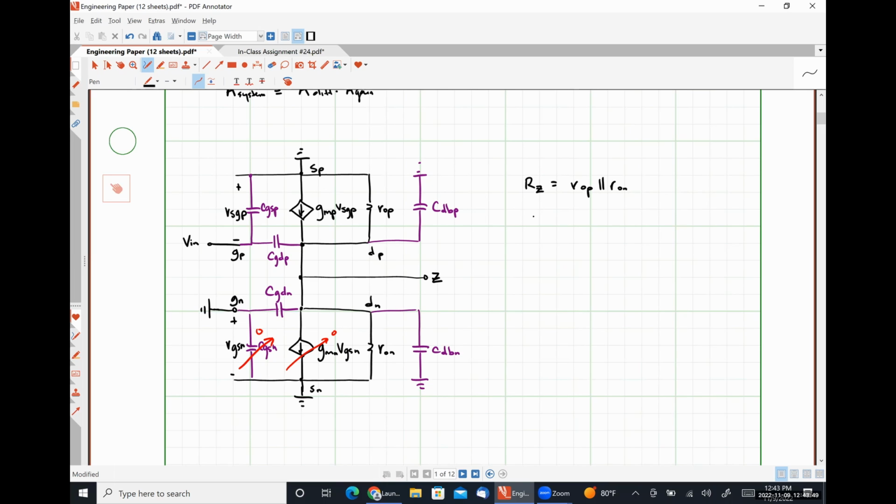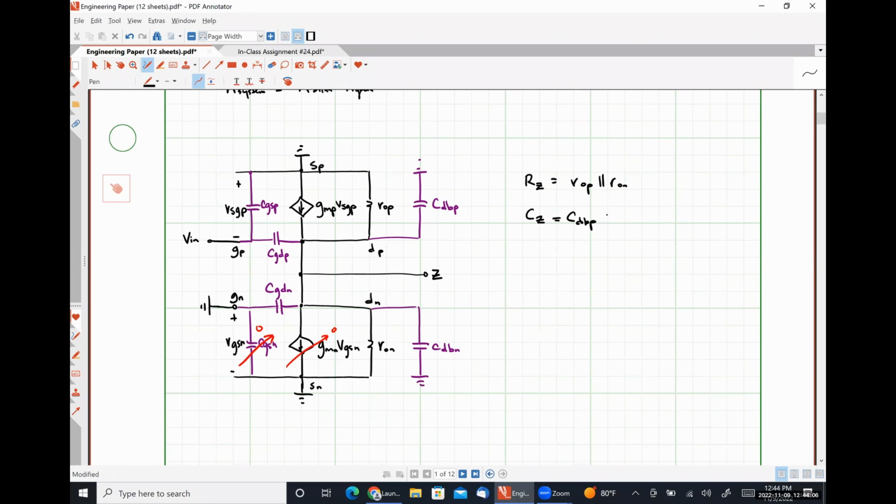All right. The capacitance seen at node Z, or between node Z and ground. So we have CDBP directly between node Z and ground. And then we have CDBN directly between node Z and ground.